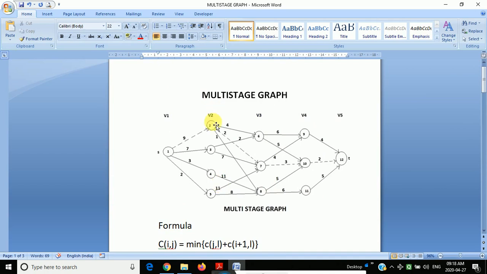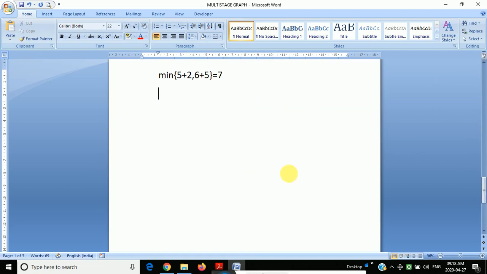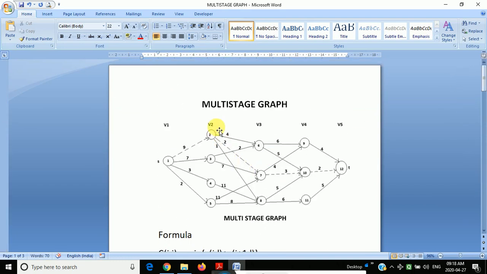Next we have to move to the second stage and after that first stage. So same thing we have to do. So what we have to find out? C 2 comma 2, 2 comma 3, 2 comma 4, 2 comma 5.